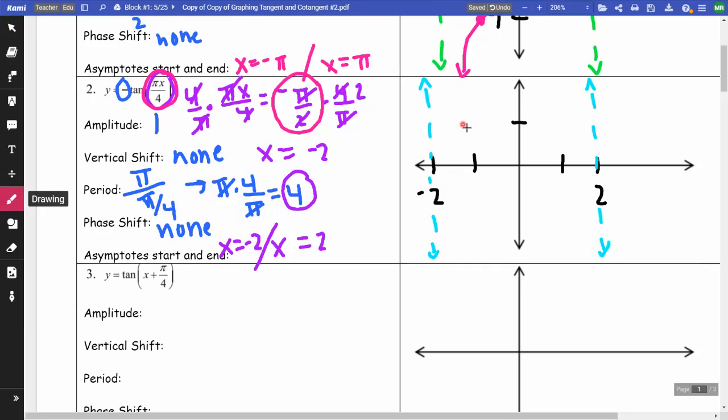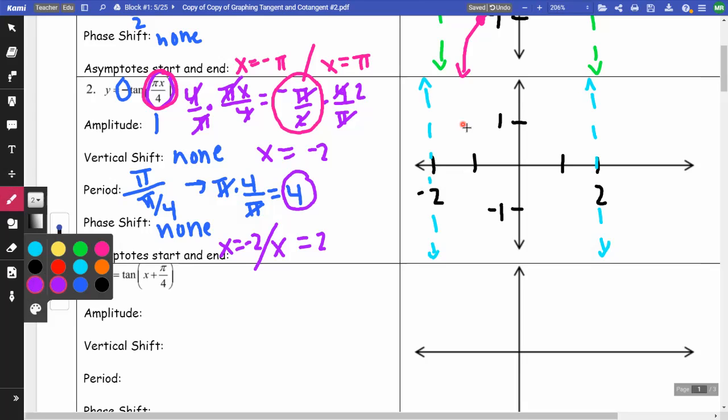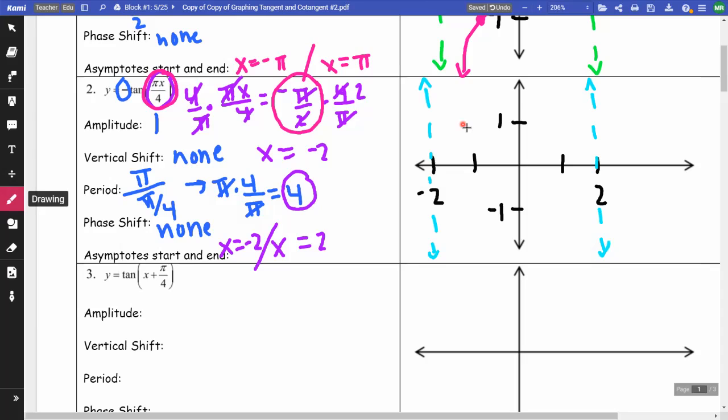I am going to be having 1 and negative 1. And what's going to change with this one, because of that negative in front, instead of starting below like I normally would, I'm going to be starting at positive 1. It's going to flip. So it's going to look like a cotangent in terms of where it's at, starting above and ending below.